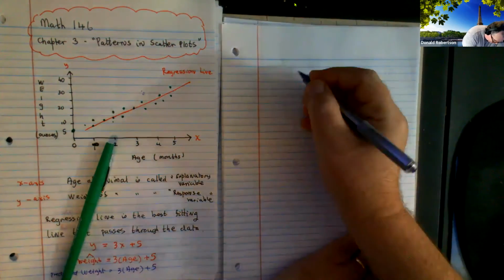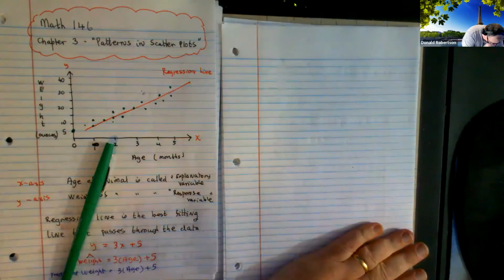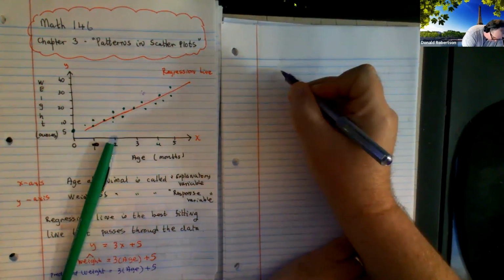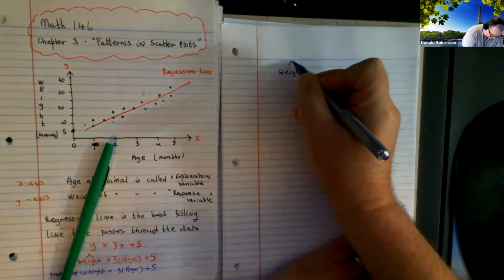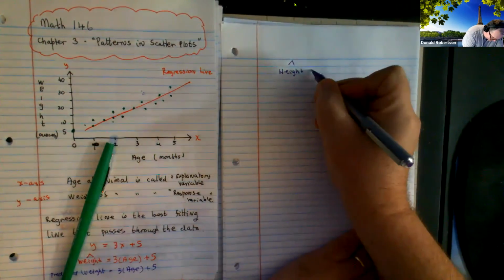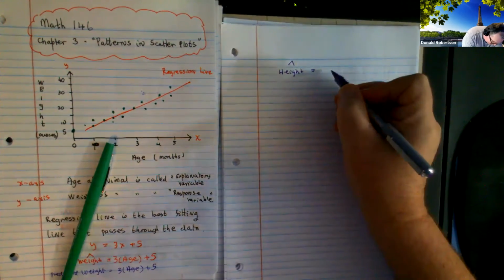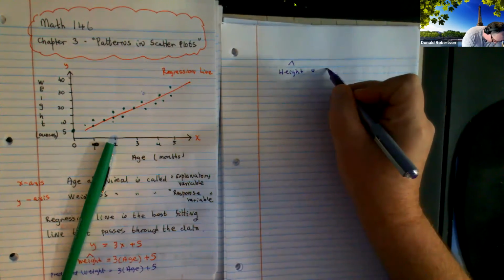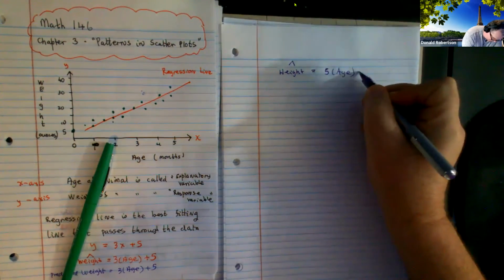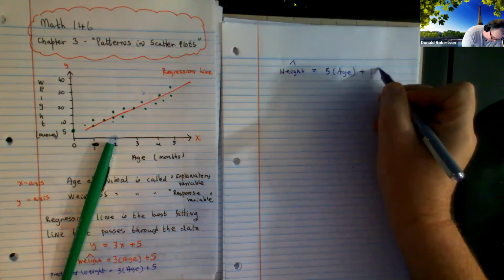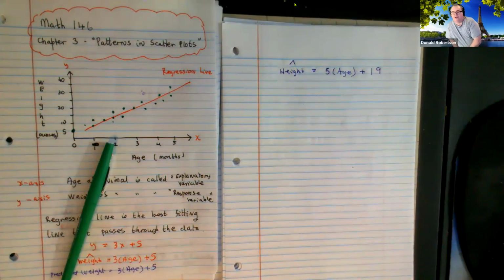Let's suppose that we have a formula for predicting the height of children. And the height of the children ends up being 5 times their age plus 19. Let's just say that's the formula. Right, these are for Scottish children.